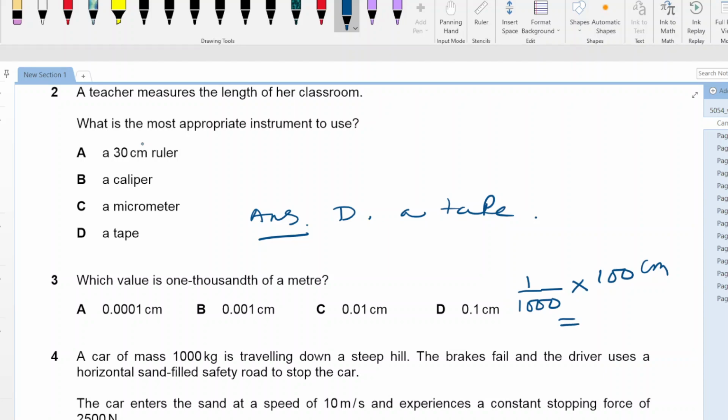Therefore, this gives 1 by 10 centimeter equals 0.1 centimeter. Therefore, answer is D. Now right answer D, 0.1 centimeter.